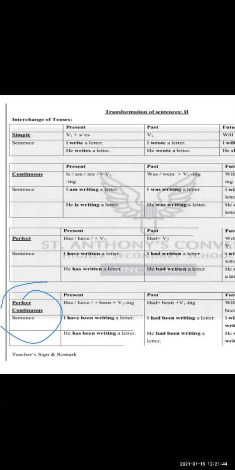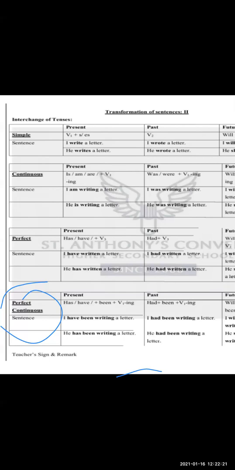Okay. Now let me see what is the perfect continuous present tense. Perfect continuous present, that's where the action is still going on. I have been writing a letter. I have been writing a letter. This is the present perfect continuous tense. Here, students, the action, the main verb is still not completed.